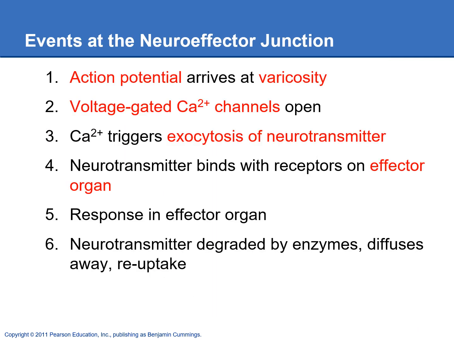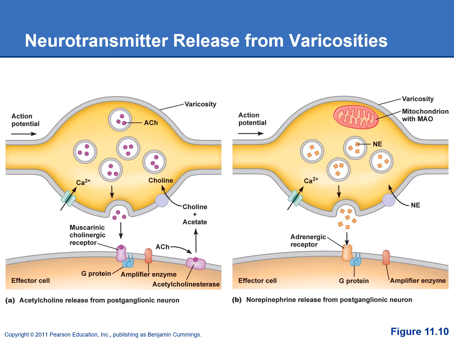All right, so we just talked about this. This is just all written out here. And let's just take a look at another picture. In the picture on the left, we have an action potential coming down to the varicosity in this postganglionic neuron that's synapsing with this effector organ, whether this is cardiac muscle, smooth muscle, a gland, or if this is a sympathetic target, it could also be adipose tissue.